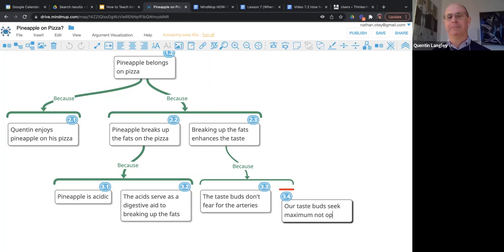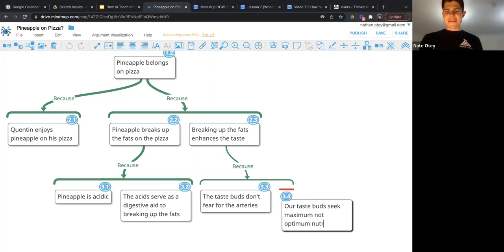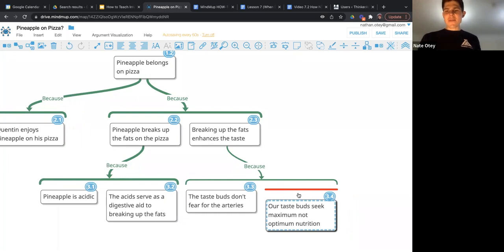Great. More big words. I love it. Thank you. All right. So I just want everyone to notice that I can add an objection to an inference here. So it's not necessarily that we're denying the truth of the premise. It's that we're denying the relevance of the premise to the claim above it. Hopefully I've done you justice there, Quentin.